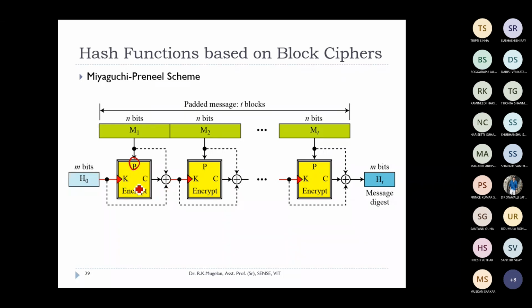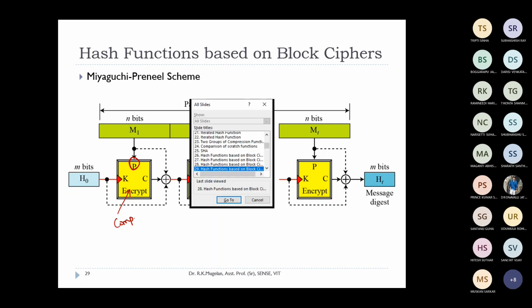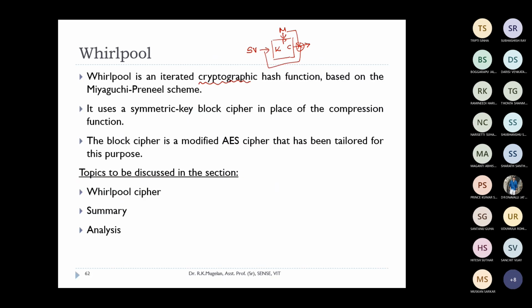This is the compression function, and in its place we are using our AES algorithm. Actually, it's a modified AES algorithm. So in our Whirlpool cipher, a modified AES cipher is used in place of a compression function.